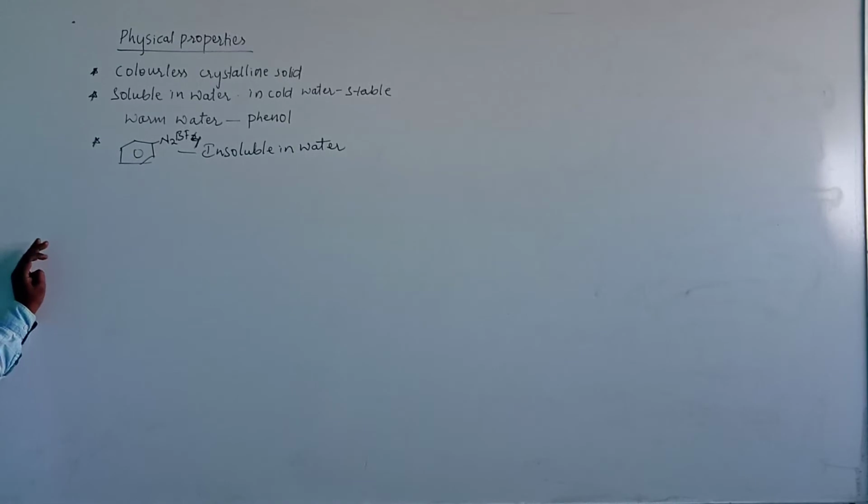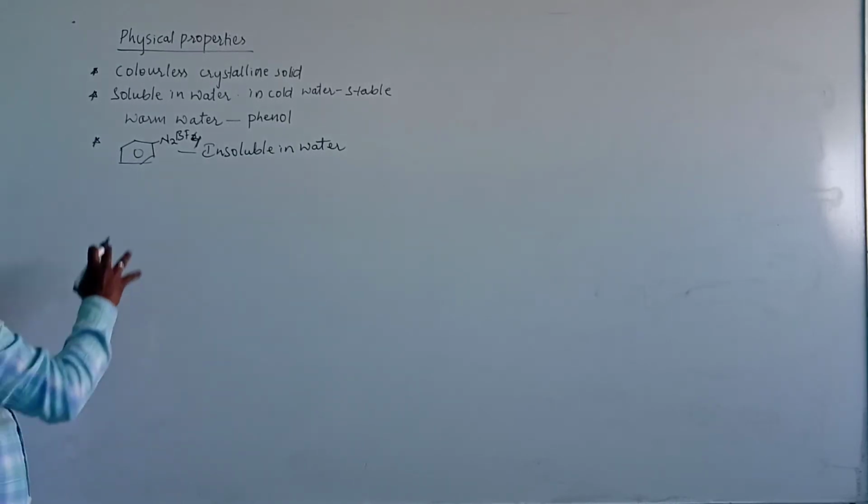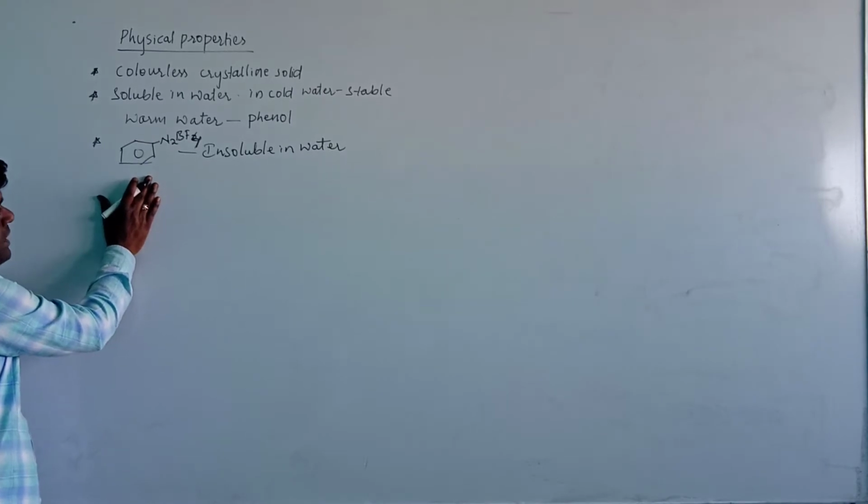It is insoluble in water, and it is stable at room temperature. These are the physical properties of diazonium salt.